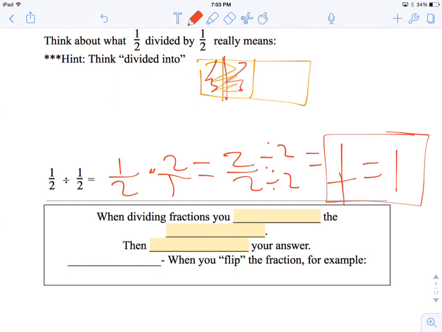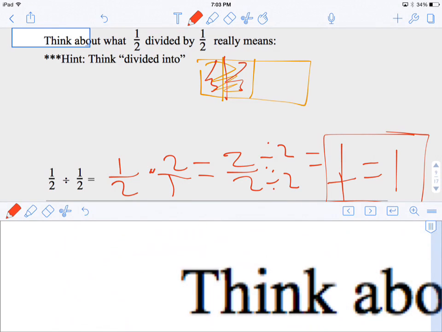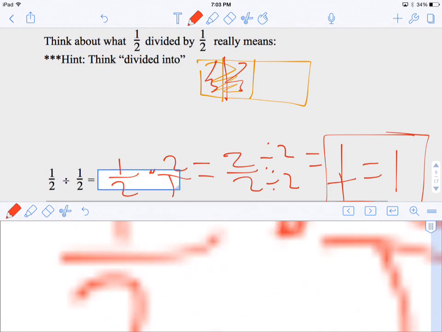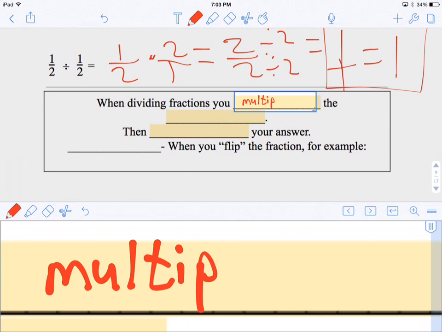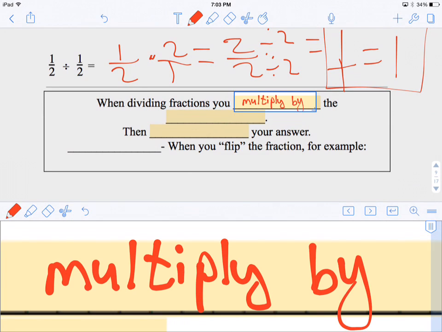Okay, notes. Here's the little notes piece. When dividing fractions, you multiply by the reciprocal.